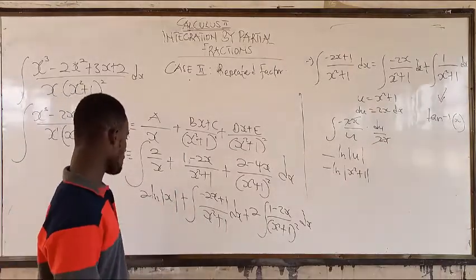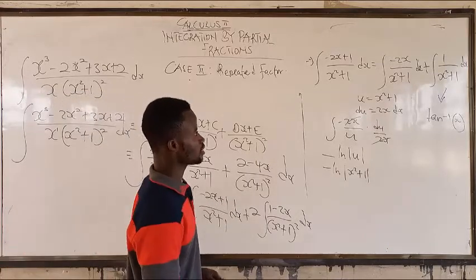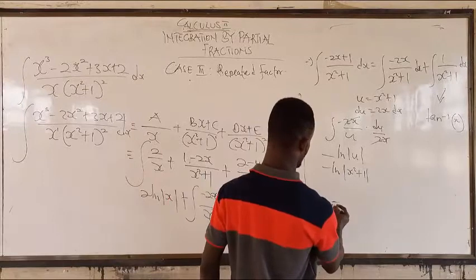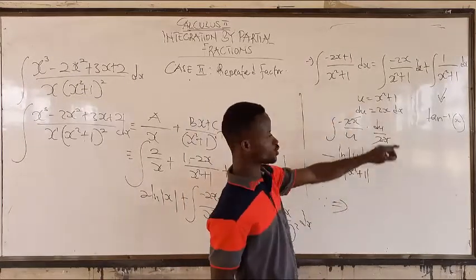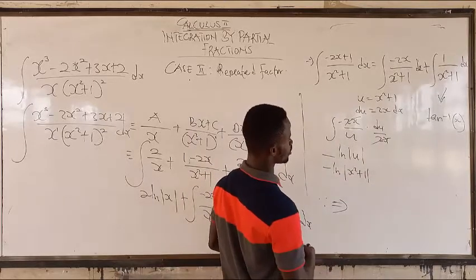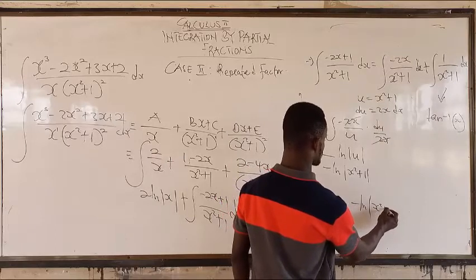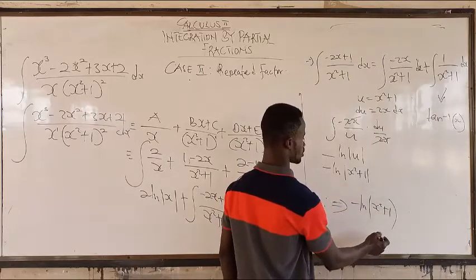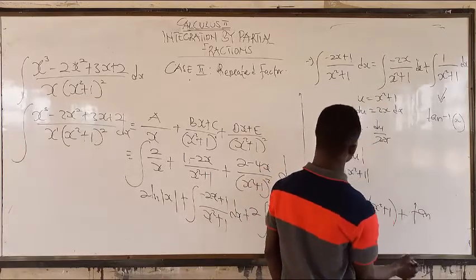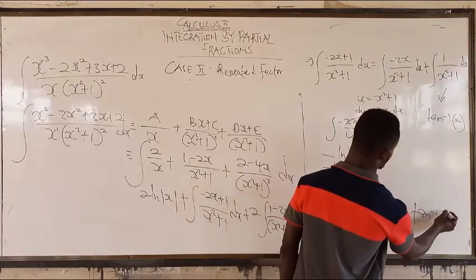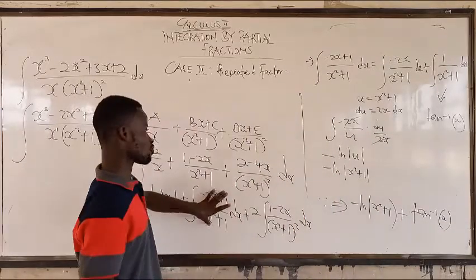Therefore, this implies that we are going to get negative ln of s squared plus 1 plus tan inverse of s. That is for this.